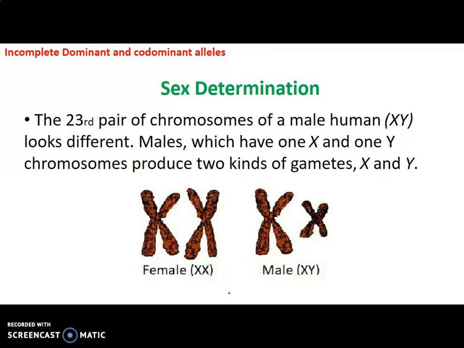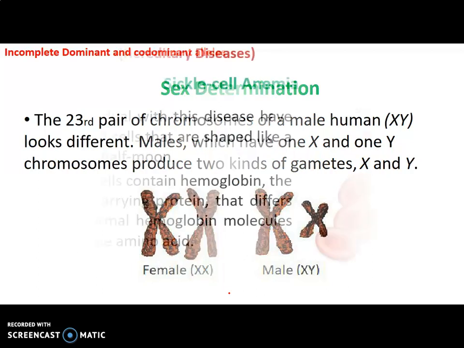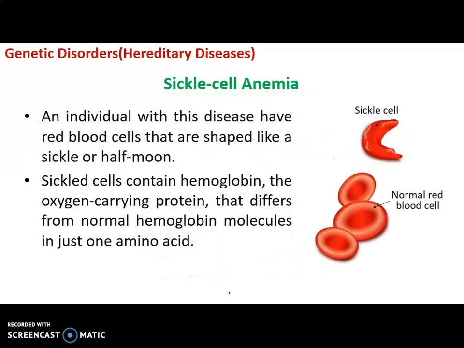Sex depends on the type of gamete that the man produces during ejaculation or copulation. Now, let's look at genetic disorders, hereditary diseases. The first one is sickle cell anemia.